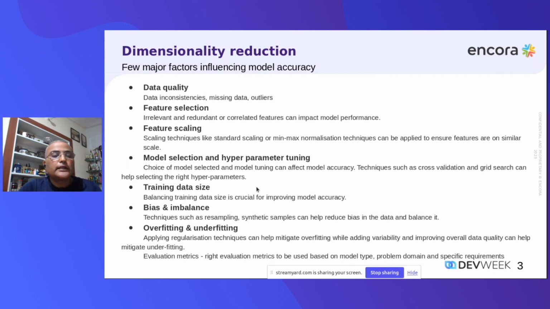And the other thing that we usually do while model building is select the type of model. If we are building a model, it could be a classification model or it could be a regression model. For instance, a regression model is where we need to predict sales data.